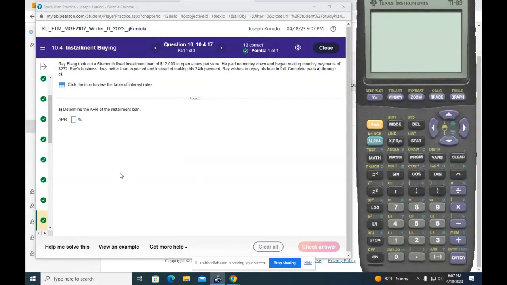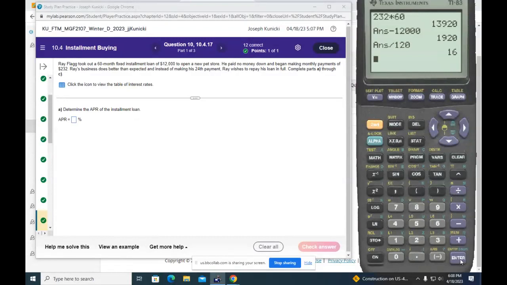Okay, so first thing we need to do is find the APR. So to do that, we first take the monthly payment of $232 times 60. That's the total installment price, and I subtract the principal of $12,000. I get the finance charge of $19.20. I then divide that by the number of hundreds, which is 120.